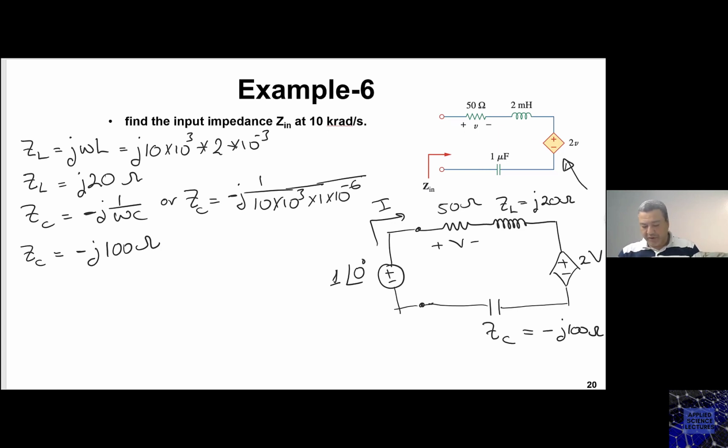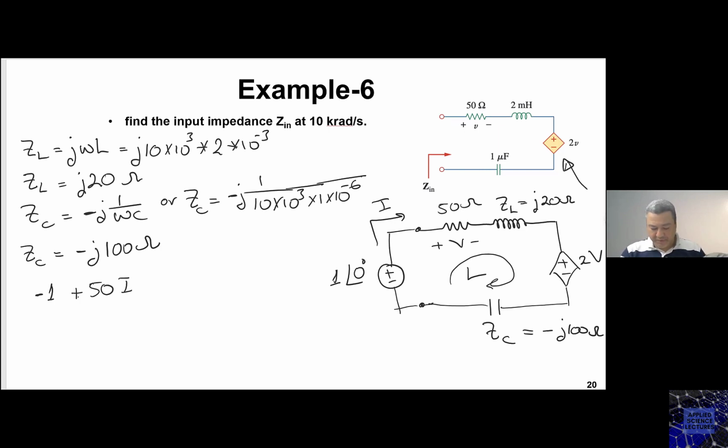We need to calculate the current. So in this case, if we take KVL, we can say minus 1 plus 50I.